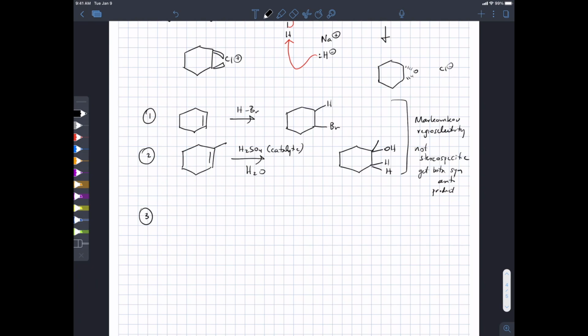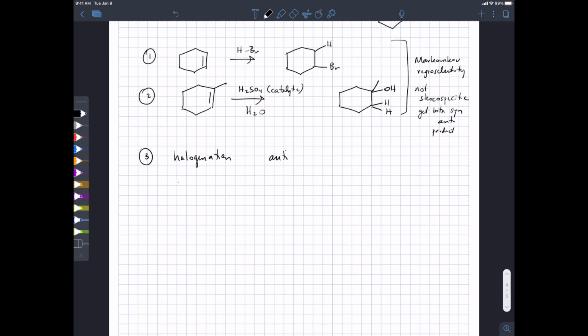The third reaction was halogenation, which we just did above. There is no carbocationic intermediate. It is selective for anti-addition. There are no regioselectivity issues to deal with because both of the carbons in the double bond end up bonded to bromine. So it doesn't matter who forms which bond first.